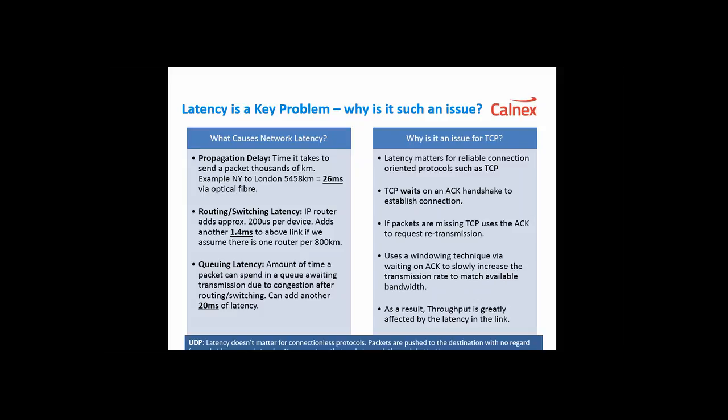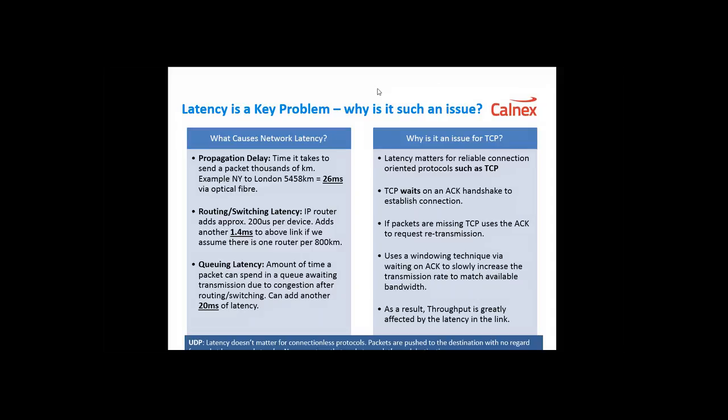In other words, it tunes up the data transmission rate by testing where the limits are of that transmission. And this windowing technique is what impacts its bandwidth. Again, we'll look at this in more detail later on, because this is the fundamental reason why throughput is affected by latency in that network.